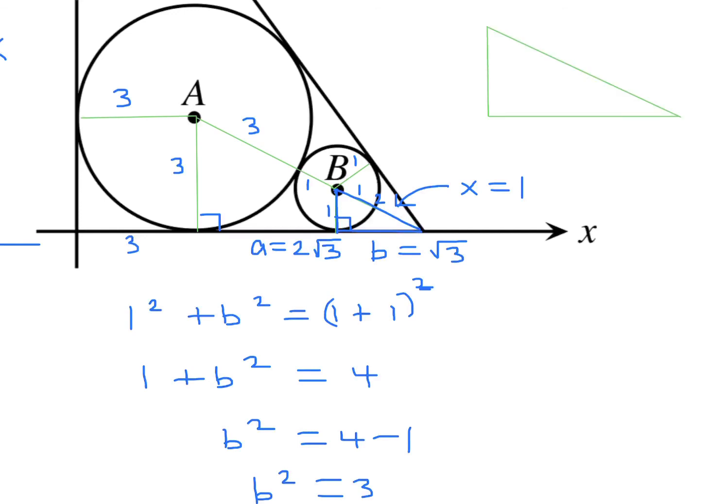So if you have a triangle that has those sides, 1, root 3, and 2, this is a 30, 60, 90 triangle, where this is 30 degrees and this is 60 degrees. This is always true. The ratio of the sides is always going to be 1, 2, and root 3. Not necessarily the side lengths, but the ratio for sure. In this example, we happen to have the side lengths also equal to 1, 2, and root 3. But the ratio is always going to be 1, 2, and root 3 for any triangle that has angles 30, 60, 90.